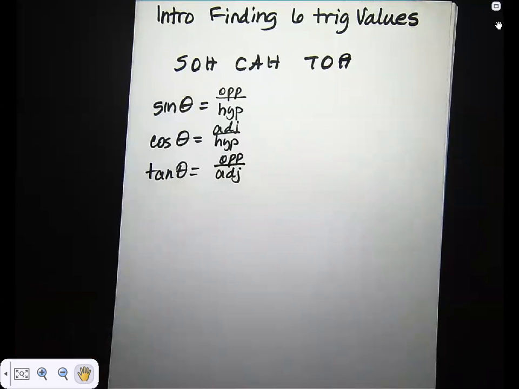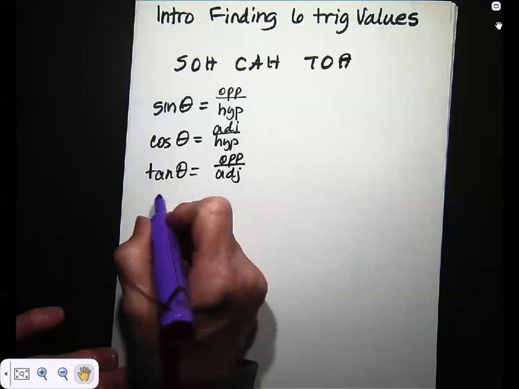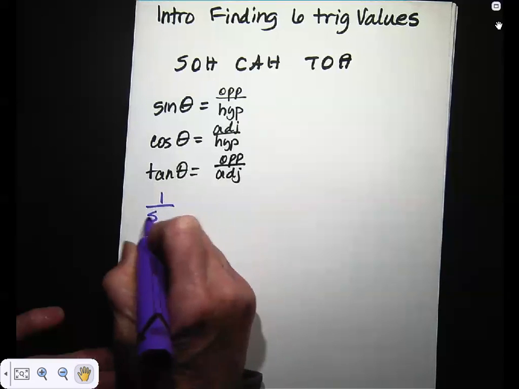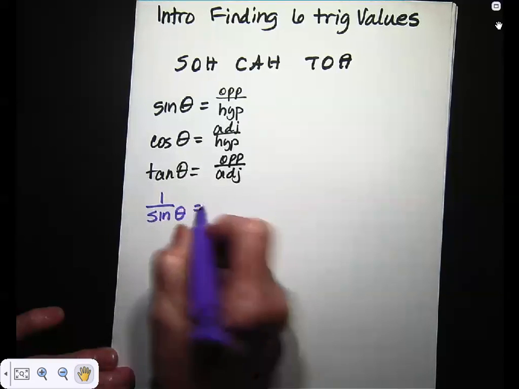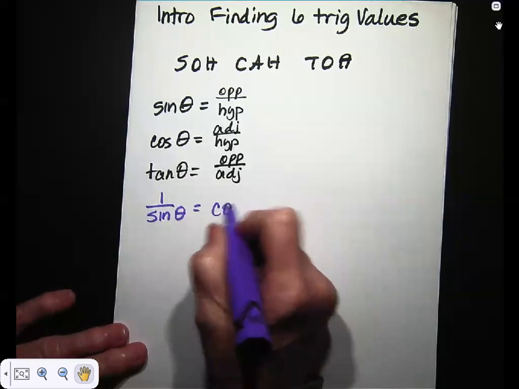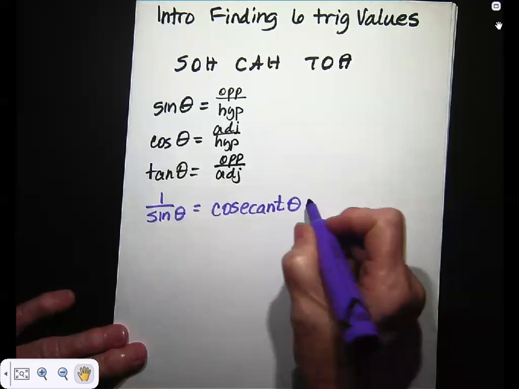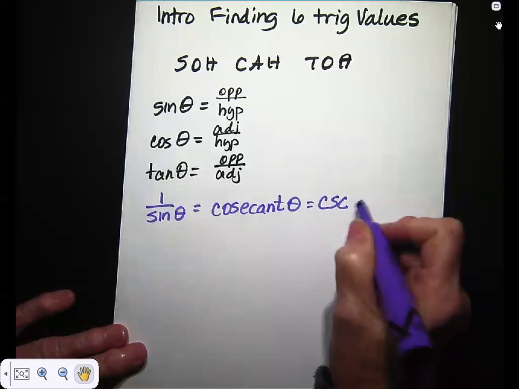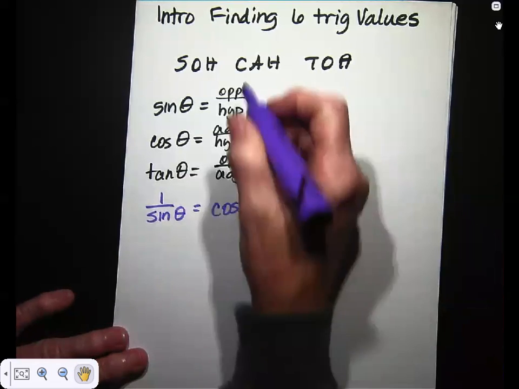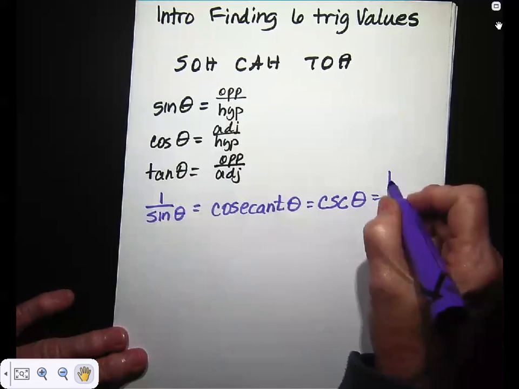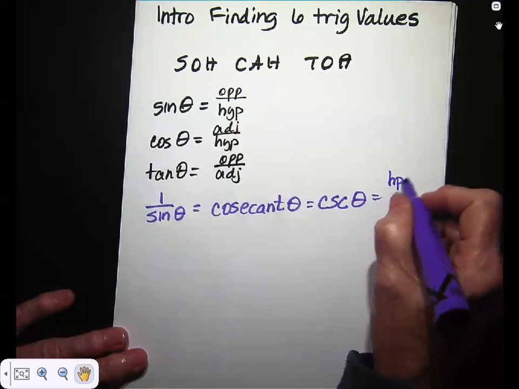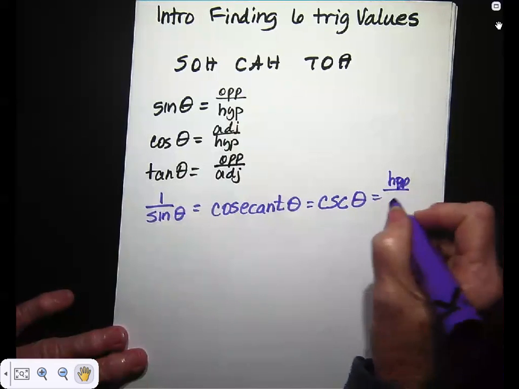But each one of these has a reciprocal property to it. If I were to have 1 over the sine value, we call that cosecant, which is CSC, and that's the flip. So that would be the hypotenuse over the opposite side.